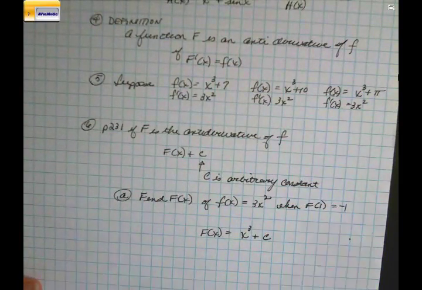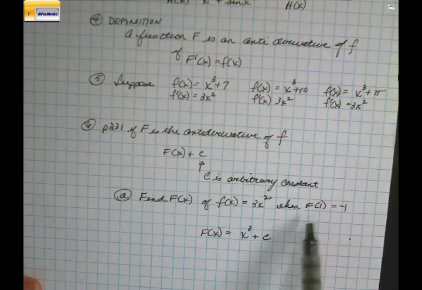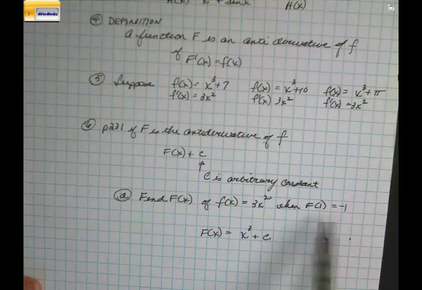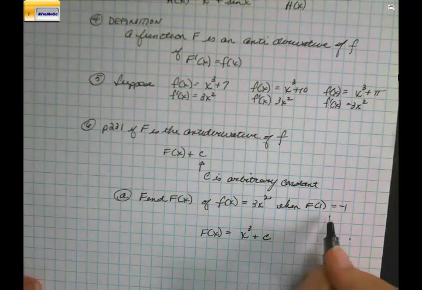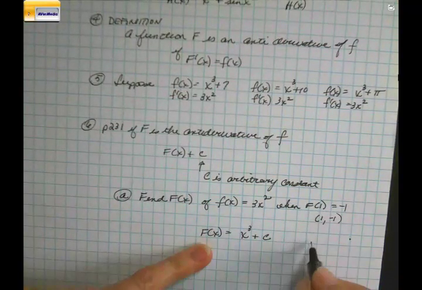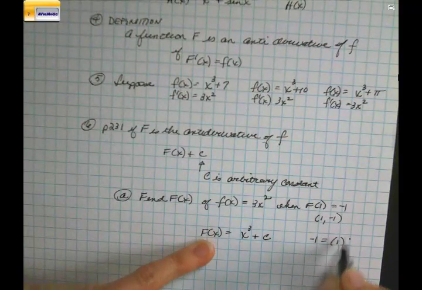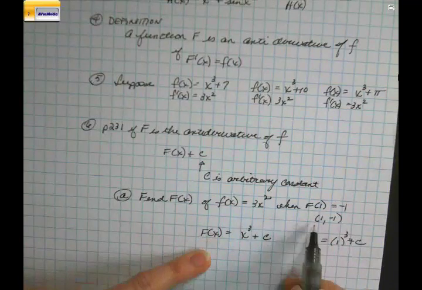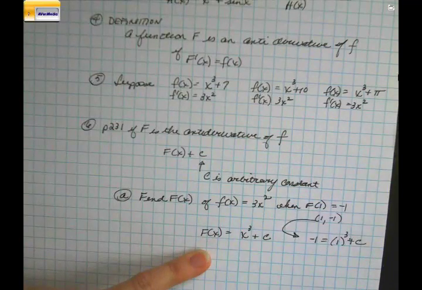Now, we can find the value of the arbitrary constant because they gave us this little information here that f of 1 is negative 1. So this is an ordered pair. X is 1, y is negative 1. So here, if you replace the f of x or the y, the vertical value, with negative 1, and the x with positive 1, you're substituting this ordered pair in to the antiderivative, then it will give you the value of c.